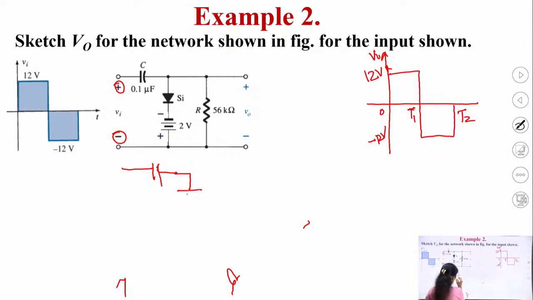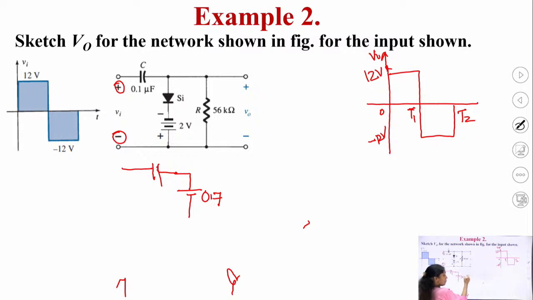Why 0.7? Because this is the barrier potential of the silicon material and this is the amount of voltage which is required to turn on this diode. So, that much amount must be applied to this diode in order to make it on.